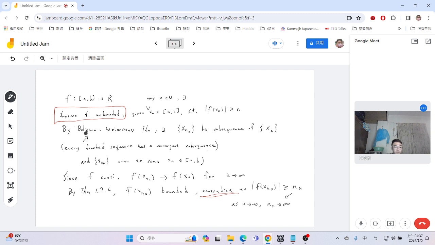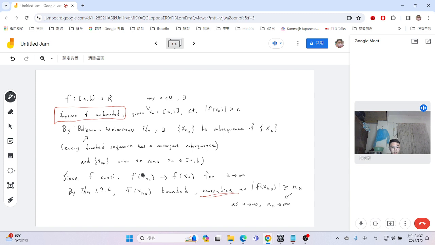But according to the Bolzano-Weierstrass theorem, there exists a subsequence xnk that is convergent. Since f is continuous, its limit x0 is in the interval a to b.